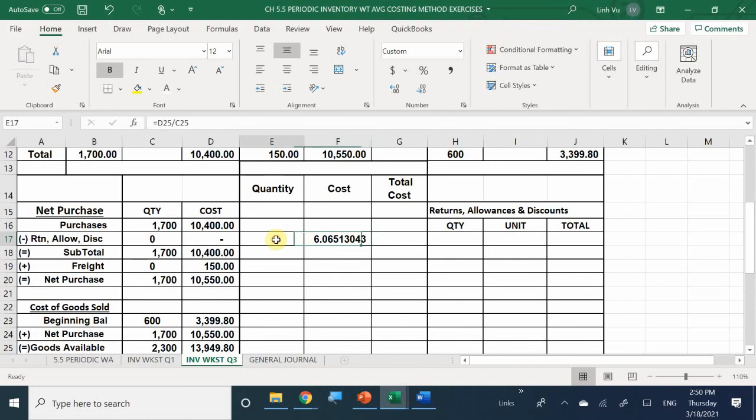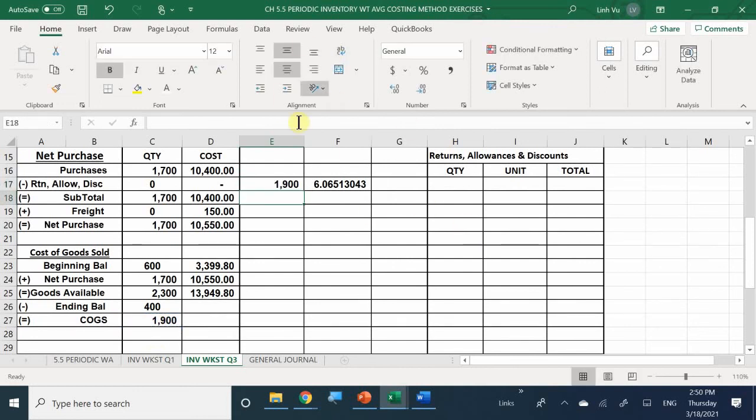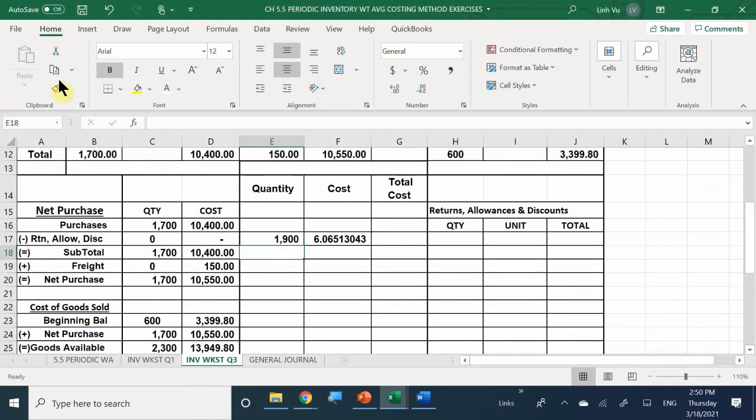So in this case, we sold a total of the 2,300, right? No, we sold 1,900, excuse me. We sold 1,900. And I'm going to leave my number as is in Excel, and I'm going to go ahead and enter this formula.